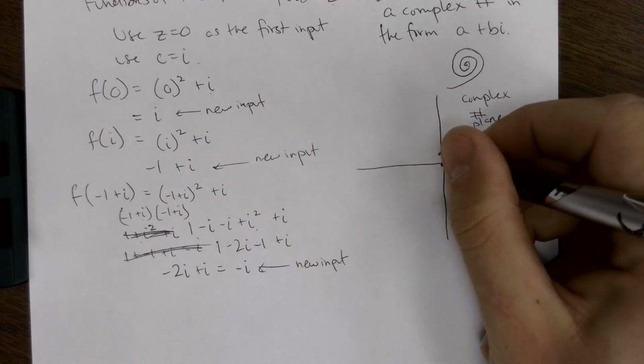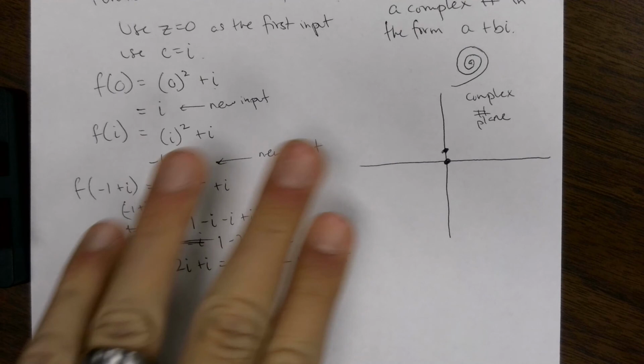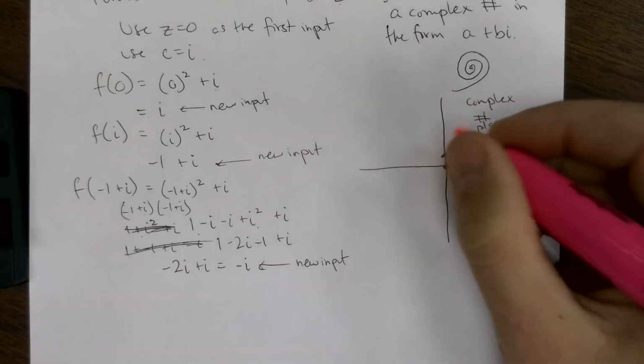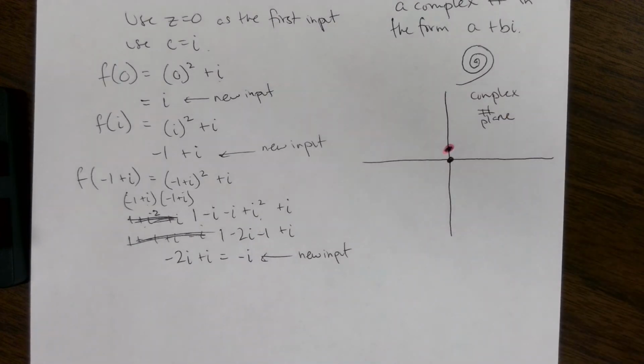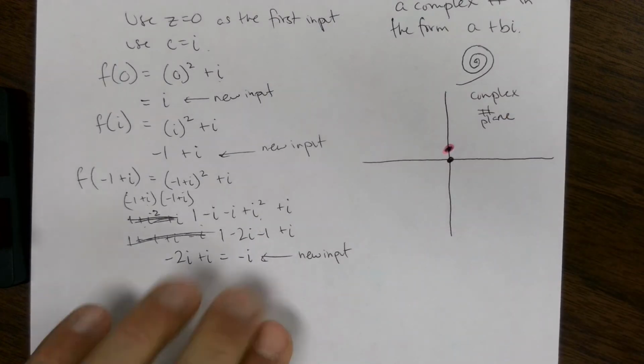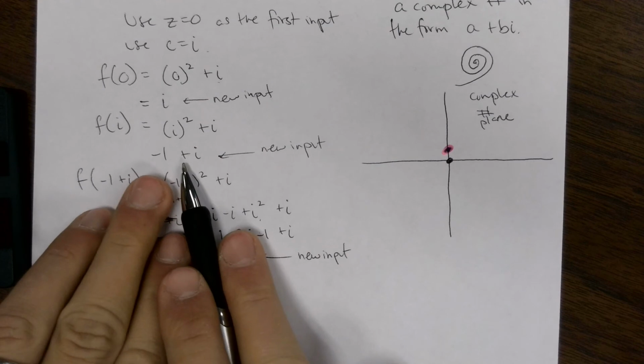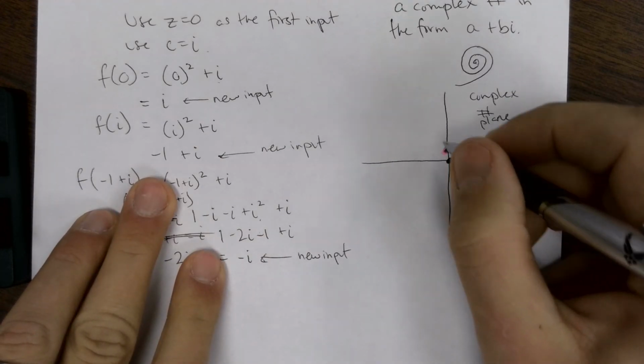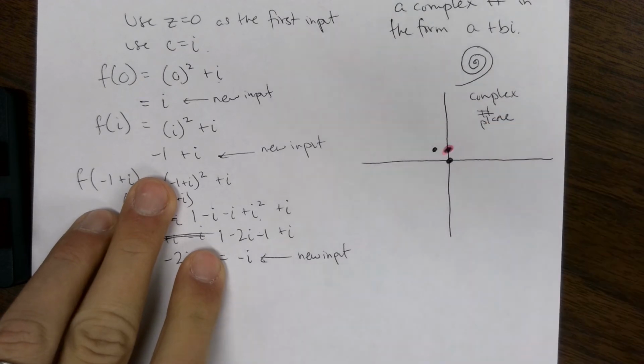So what people actually do is they graph the inputs. So we'll start with 0. The output, the i, what they can do is they color code it. Okay. So now the new input is negative 1 plus i. So I'm going to find that here. Negative 1 plus i, that appears here.